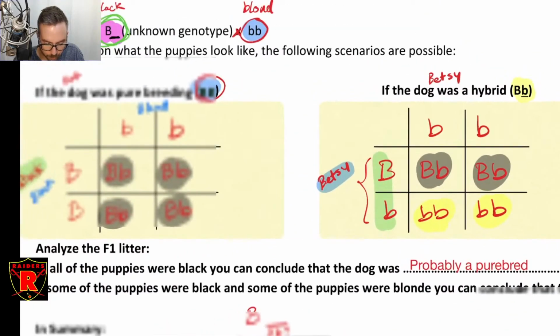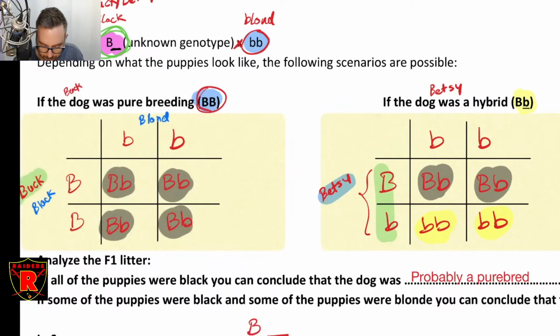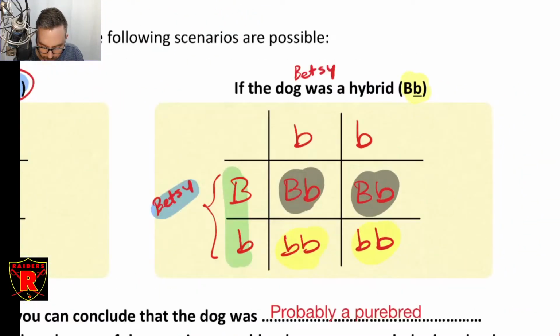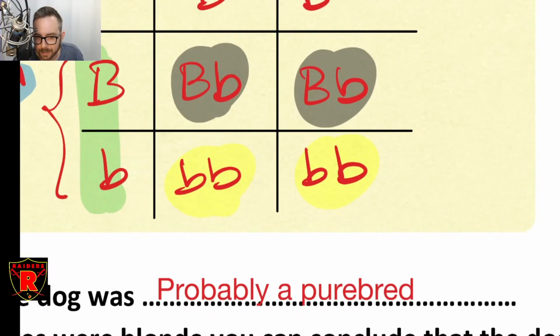So, to conclude, if all of the puppies are black, you can conclude that your dog was probably a purebred. And this is actually important here. I added the word probably in here. There's a little bit of uncertainty because remember that this process is completely random.